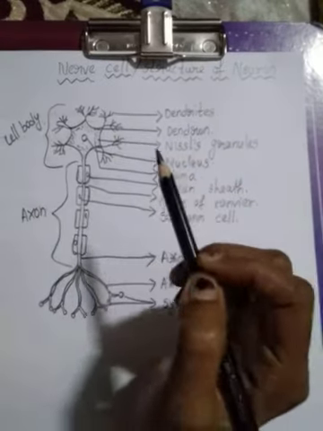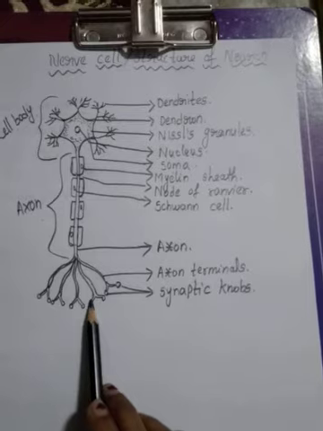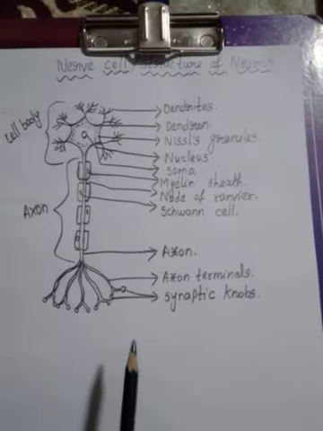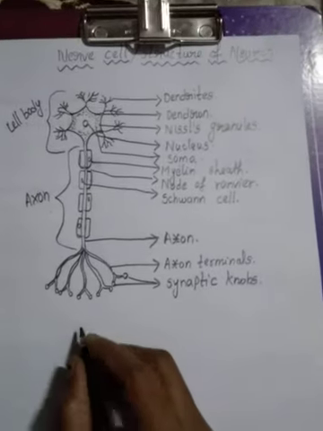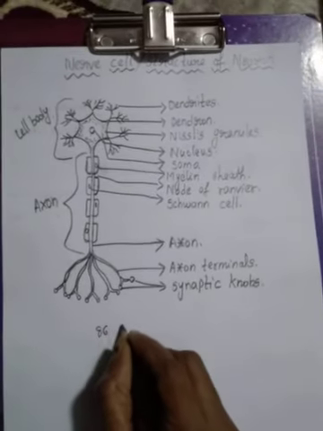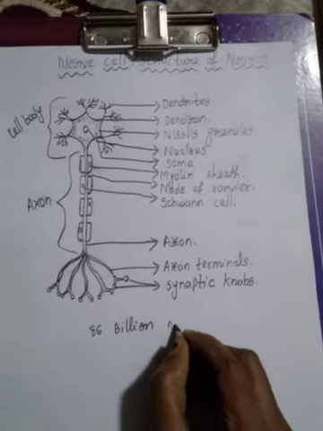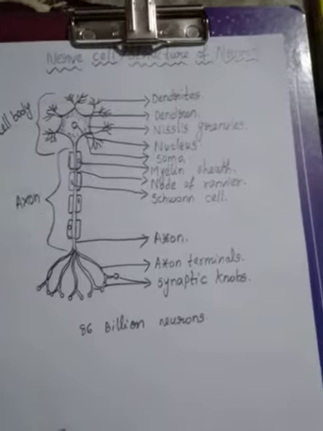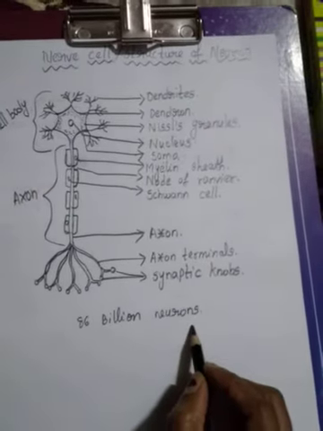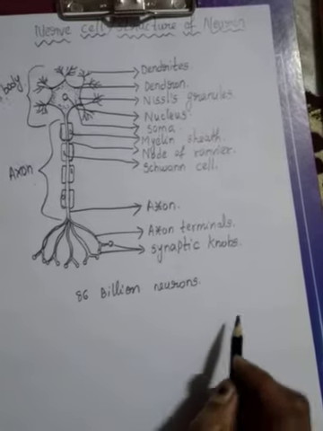In the human brain there are about 86 billion neurons, which is about 10% of all brain cells only.